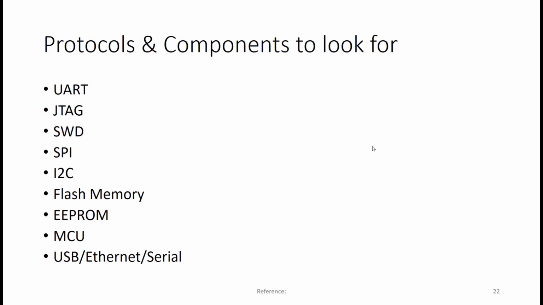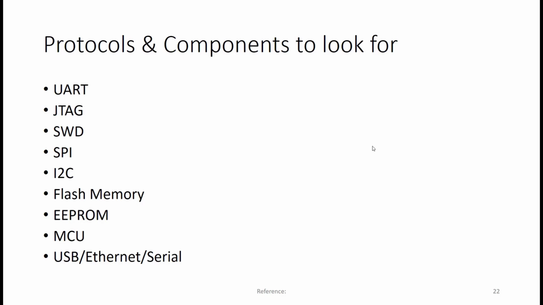Next come the embedded components available on the board of an embedded device, which could be either flash memory or EEPROM, a kind of low density memory. And then there would be either a microcontroller unit or sometimes a microprocessor unit.